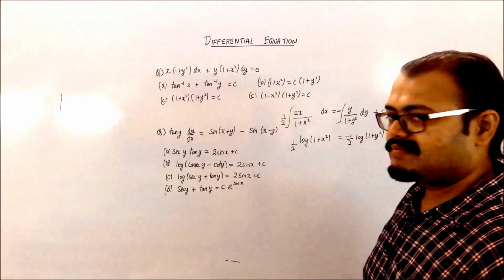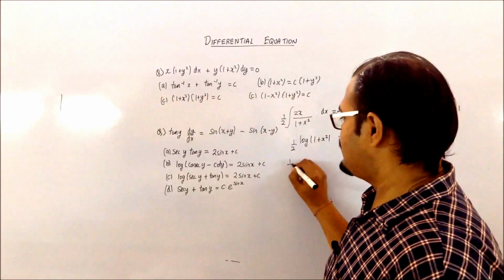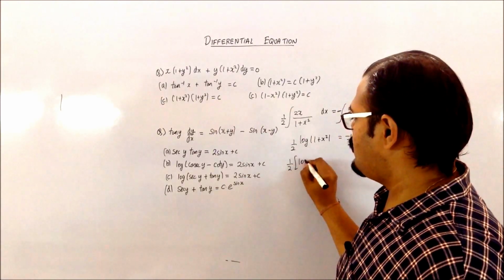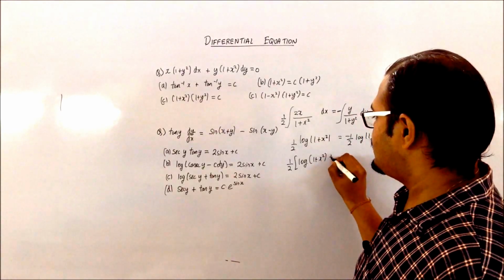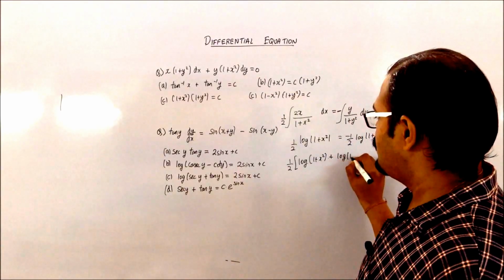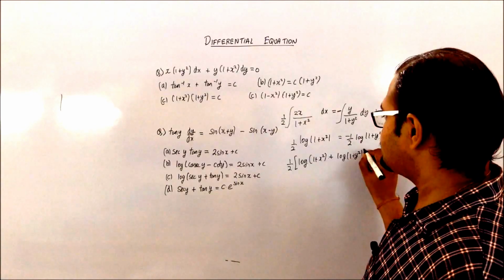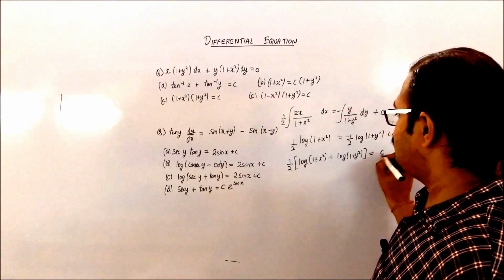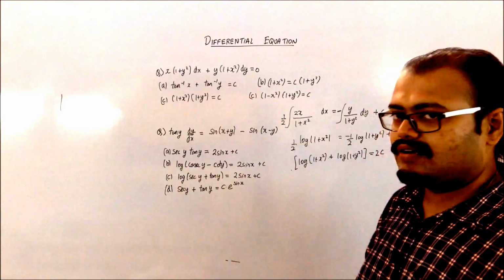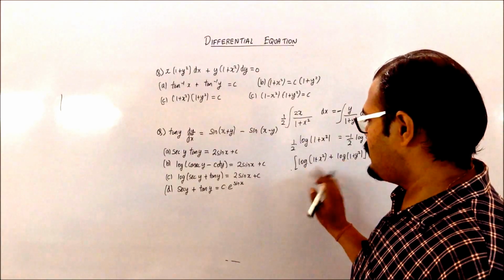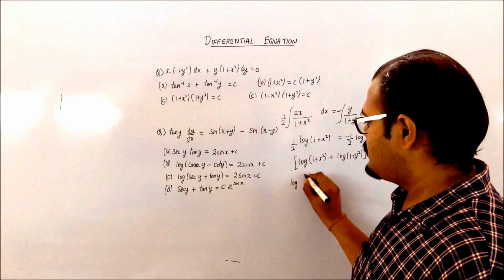So this comes this side. So you will have the half outside of log of 1 plus x square plus log of 1 plus y square is equal to c. That 2 goes that side. Since everything is in log, you can take this as log a into b.